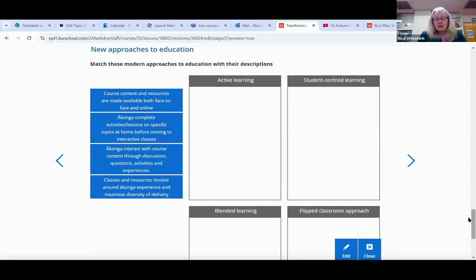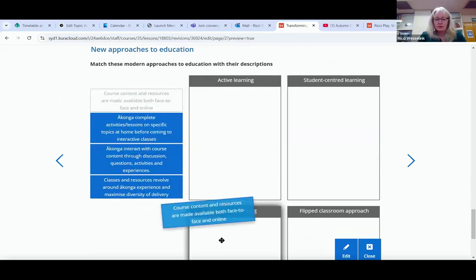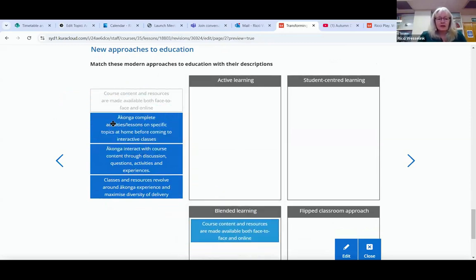The new approaches to education that we became aware of around this time, and I'm sure many of you are aware of, included active learning, student-centered learning, blended learning, and a flipped classroom approach, with blended learning being where course content and resources are available both face-to-face and online.